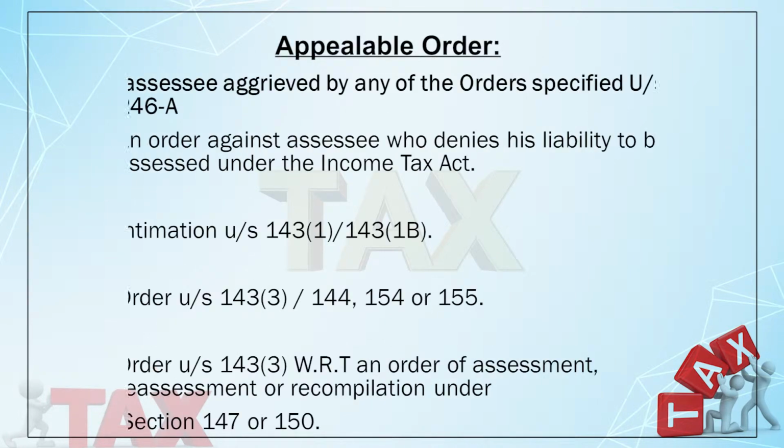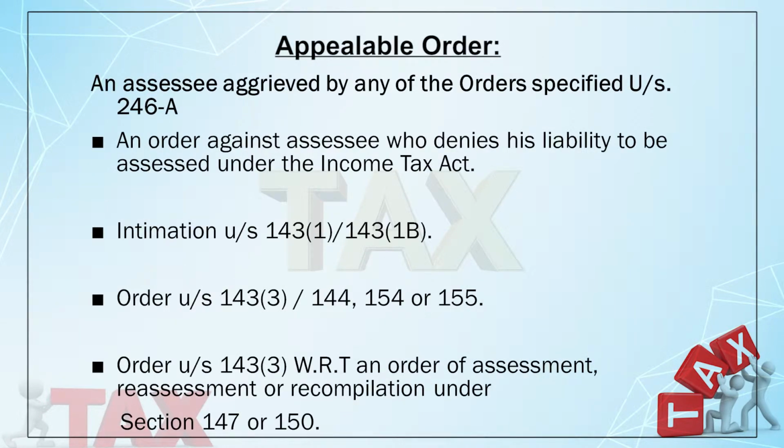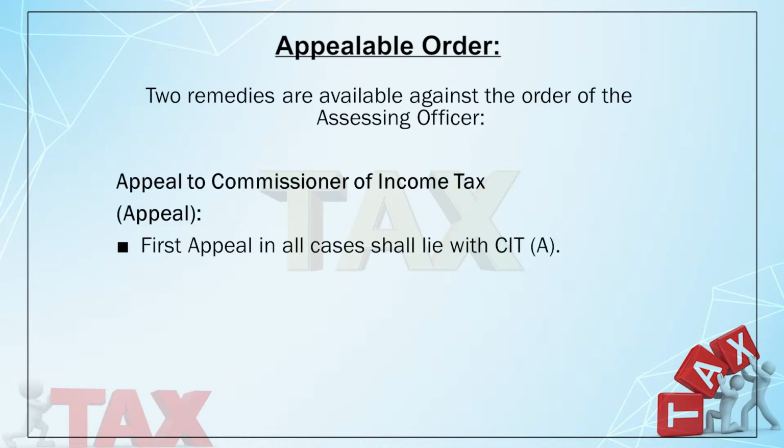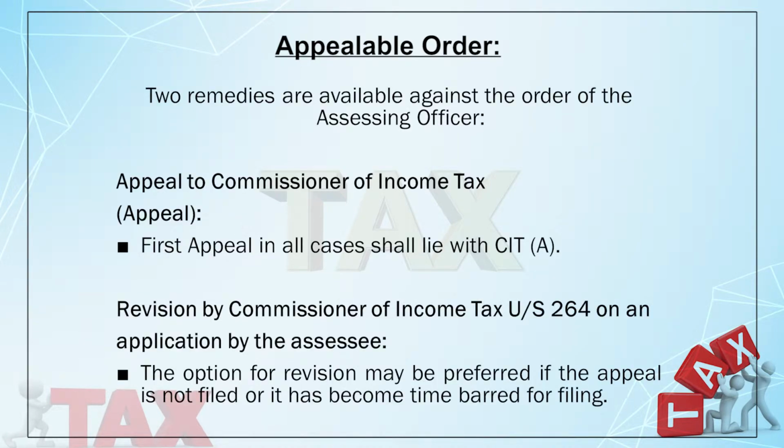He may also go to the senior of this assessing officer, the commissioner, requesting relief for a deduction he was deprived of, under section 263 or 264 of the Income Tax Act. In this proceeding, we are not going into 263, 264; we are restricted to 246A of the Income Tax Act.